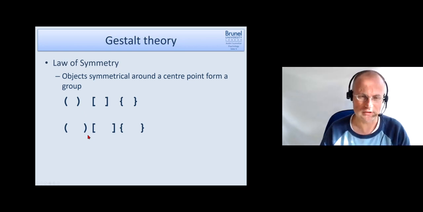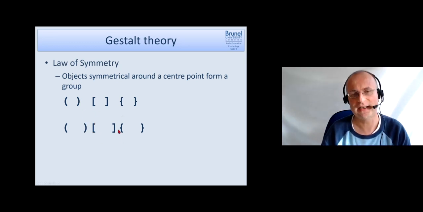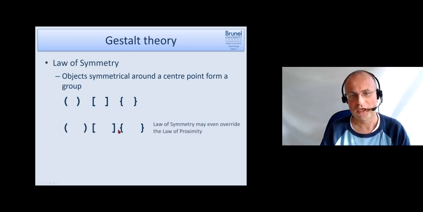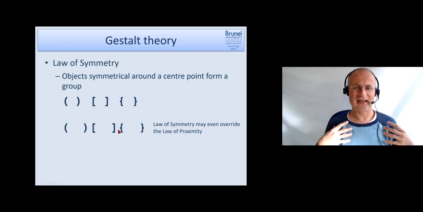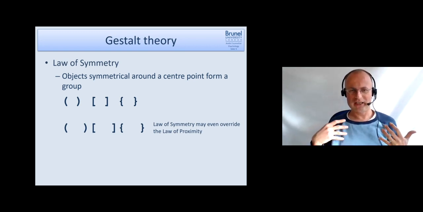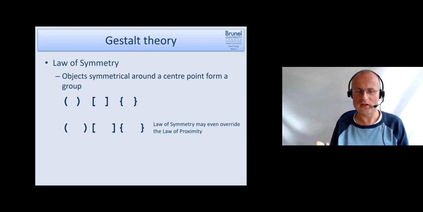However, if you look closely, the law of proximity would tell us to see that as a group and that as a group. So it shows that at any point in time, more than one law might be at work, and one may override the other.